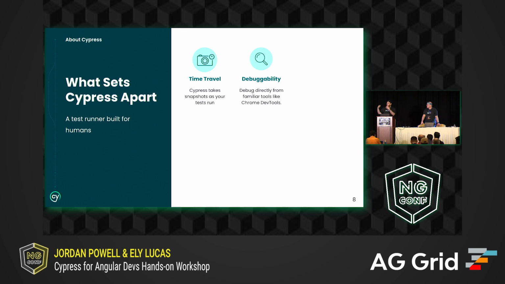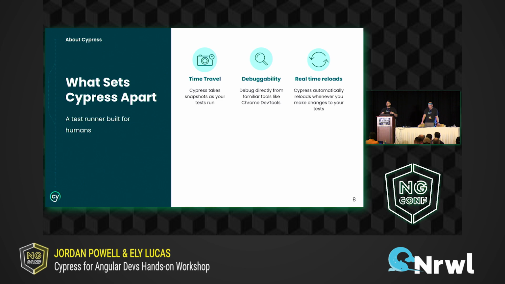When you're running your tests in the browser with Cypress, in Chrome, Firefox, whatever browser you use, you get the same developer tools that you're already using for building your applications right in there. Your network tab, your console log, all the things that you normally use as a developer, which I find very awesome when you're trying to debug your applications and your tests.